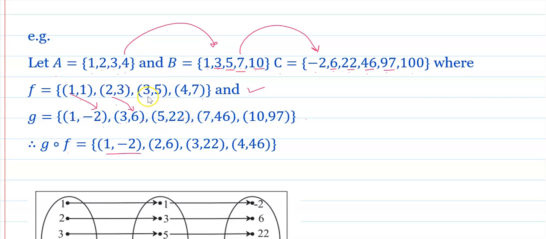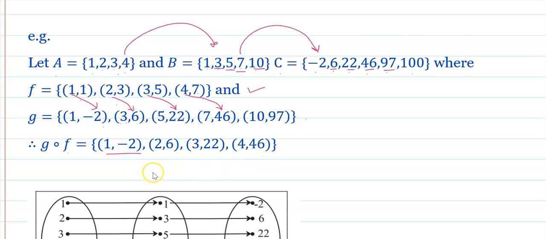It means the image of 3 under gof is 22. The image of 4 is 7, and the image of 7 is 46, and hence the image of 4 under gof is 46, in this way.